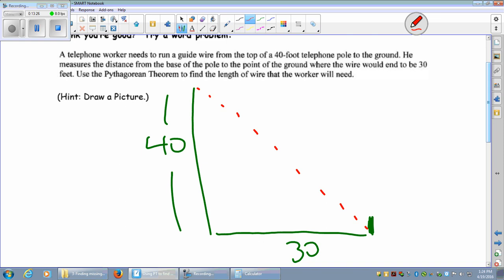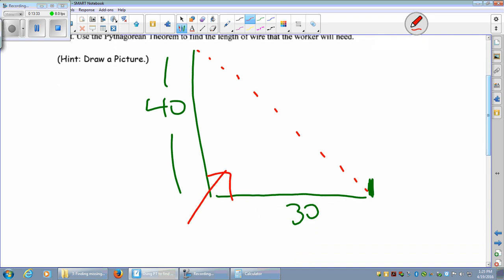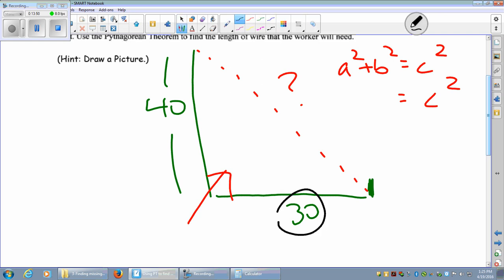Well, what shape does that make? Obviously it makes a triangle, and there's my right angle, and it is pointing at this side. So what's the side that I don't know? Hopefully you said the hypotenuse. So let's plug into a squared plus b squared is equal to c squared. And again, I don't know what my hypotenuse is, but I do know that my other two sides are 30 and 40.